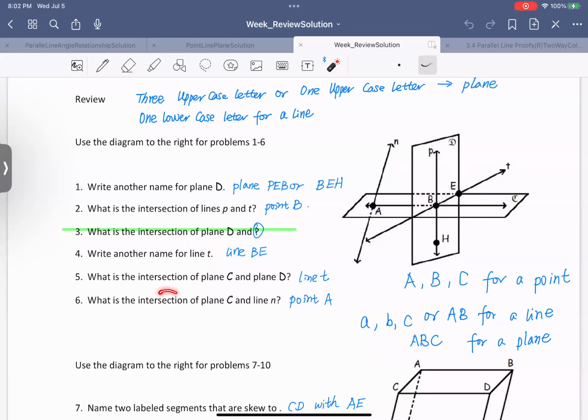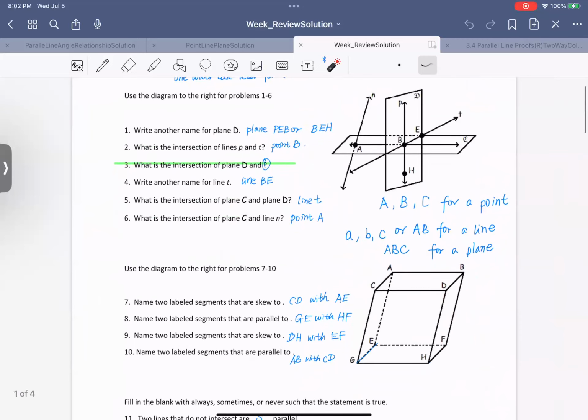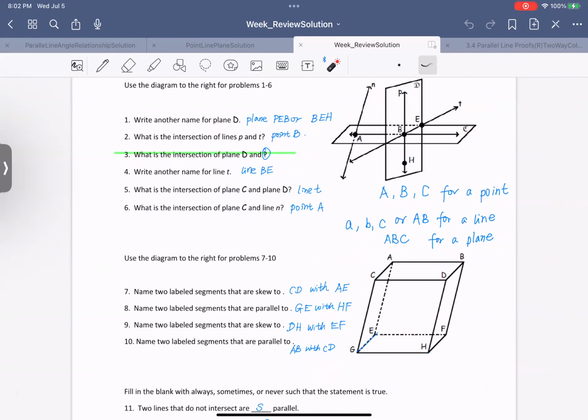Next, the intersection between plane C, which is this, and plane D, which is this. So two planes meeting together at a line. This is line T. That's it. Next. Any questions so far? Please ask me.